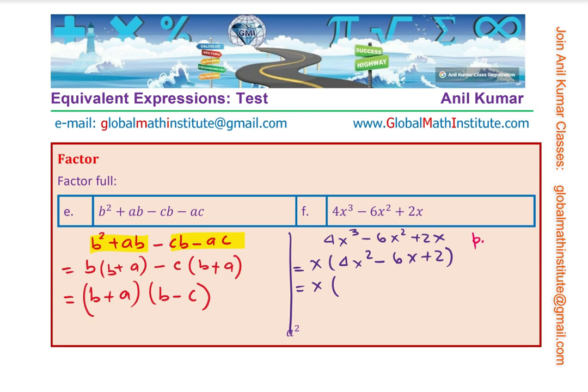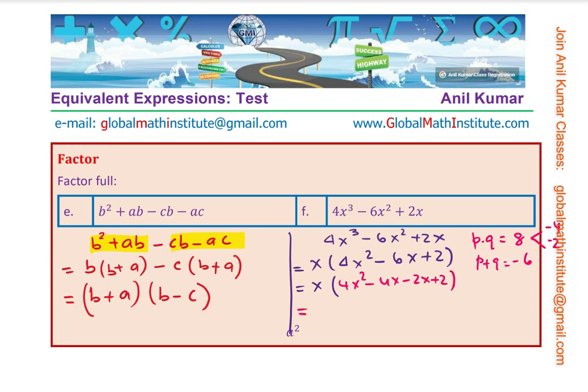We were looking for two numbers whose product is 4 times 2, 8, but the sum is minus 6. So the numbers could be minus 4 and minus 2, correct? So we could rewrite this as 4x squared minus 4x minus 2x plus 2.